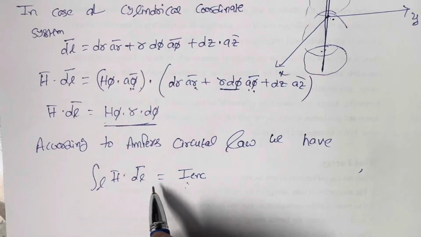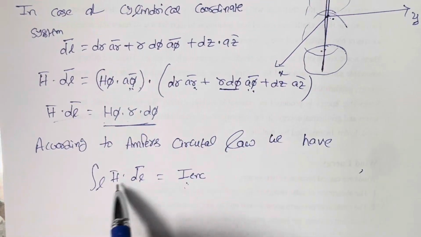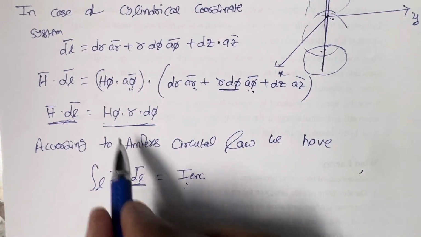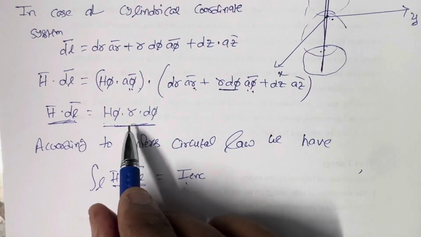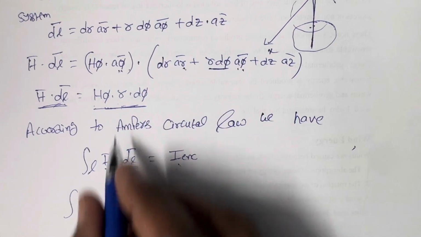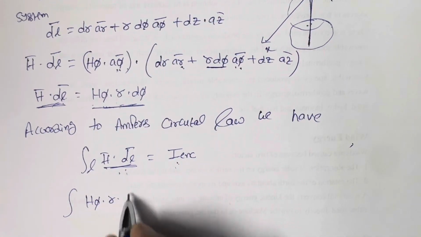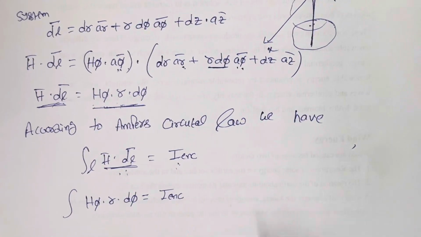So now here is H bar dot dl bar. Now I am substituting this value here. So the line integral of H bar dot dl bar means H phi r d phi is equal to I enclosed.